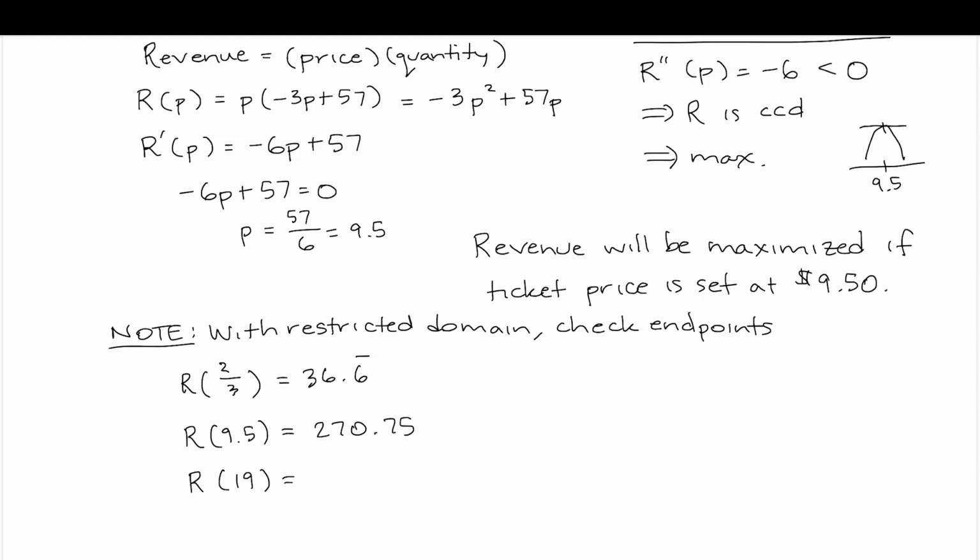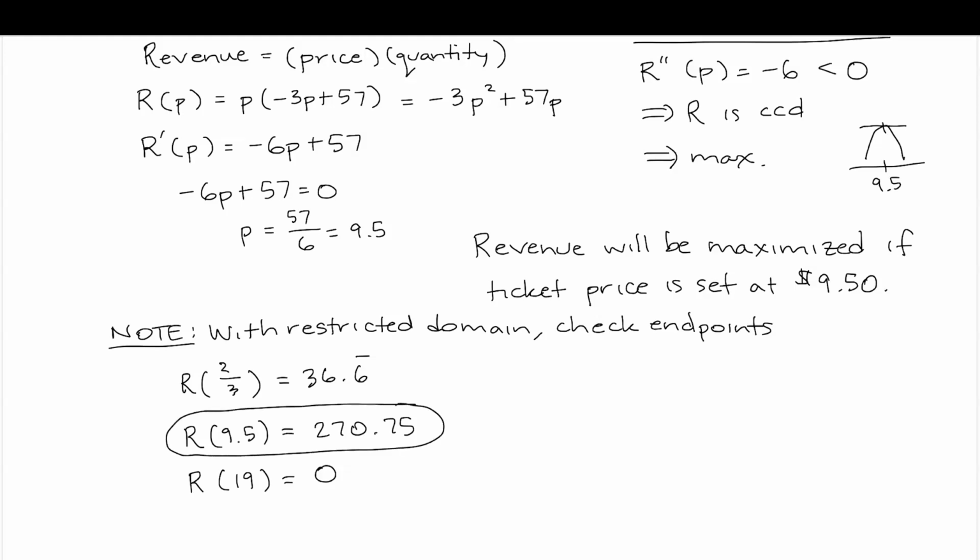At $9.50 ticket price, the revenue is $270.75, so $270,000 of revenue. And if the ticket price is $19, nobody comes, and so there will be no revenue, right? The quantity attendance function will be 0, so we'll have a price of $19 a person times nobody coming will give us a revenue of 0.